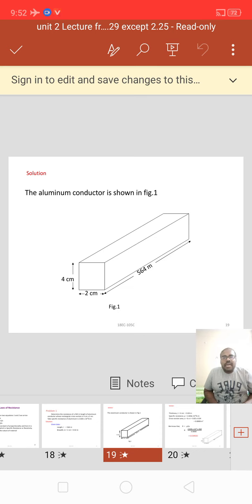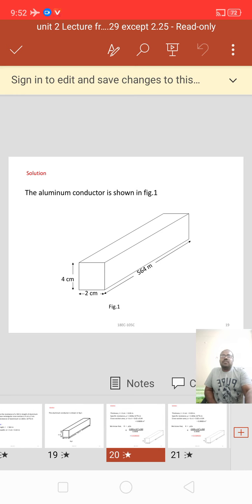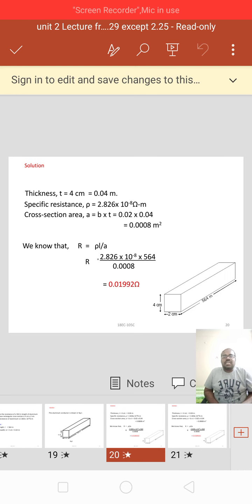Now I am drawing a figure for the respective problem. I am taking a cuboid shaped structure, where the sides are not equal, but according to the given data I have drawn this figure. Let's have a glance at the figure. Next, thickness T equal to 4 centimeter, that equals 0.04 meter.